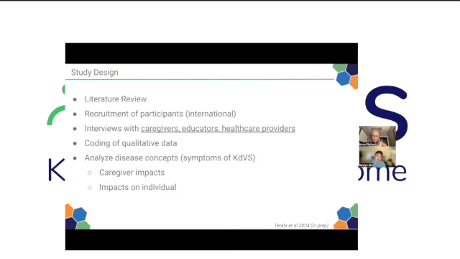Then we do the interview with caregiver, educator, healthcare provider, and we get them all together and code the qualitative data. Then we do the analysis of the disease concept model, which includes the caregiver impacts and the impacts on individuals. So in the next slides, I'll go into each of these points in more detail so you can have a better understanding of our approach and the rationale behind each step.